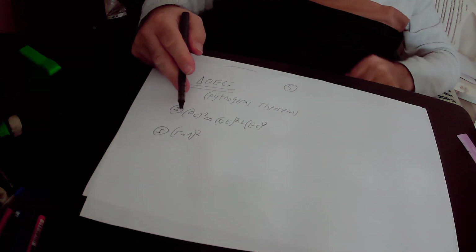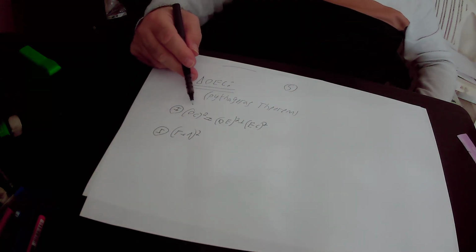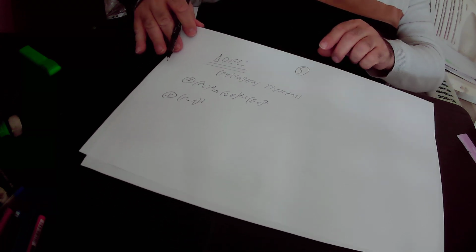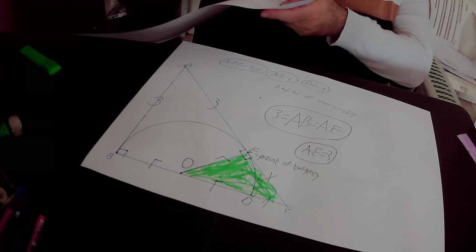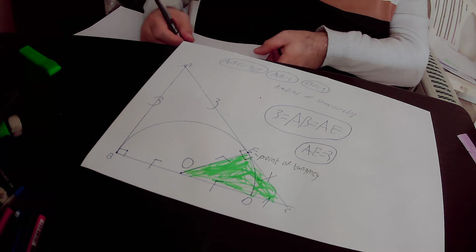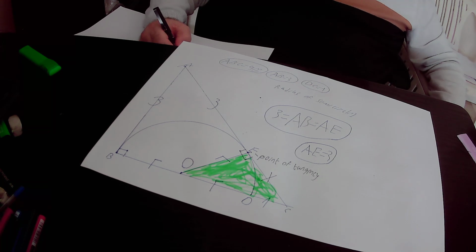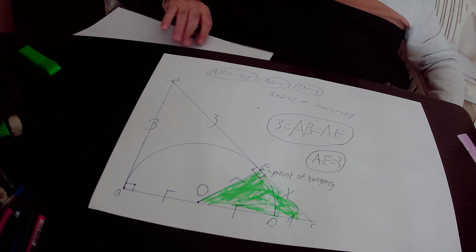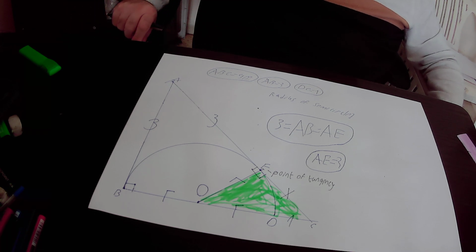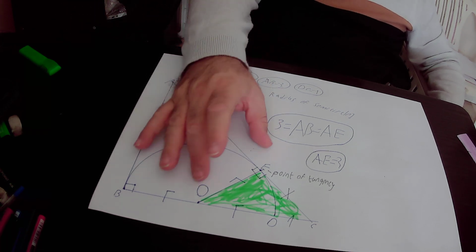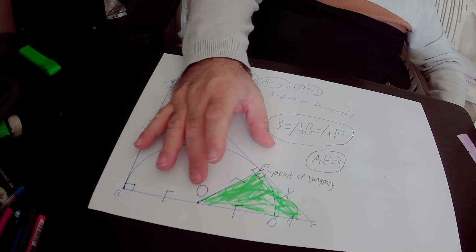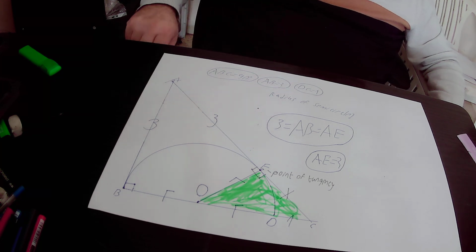OC equals R plus 1, therefore OC square equals R plus 1 square, and it equals OE square plus EC square. OE equals R, so OE square will be equal to R square.